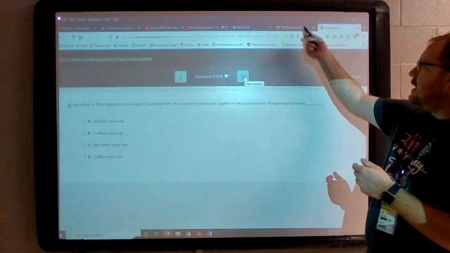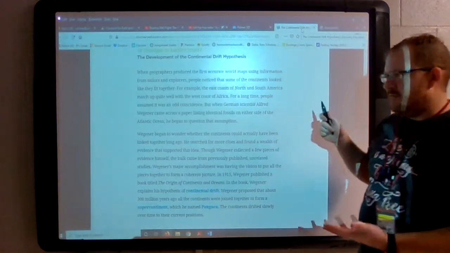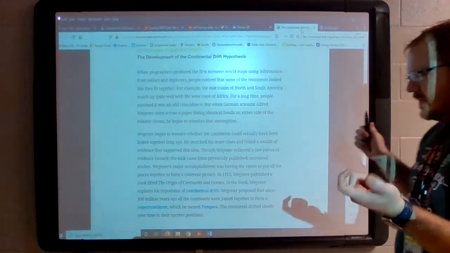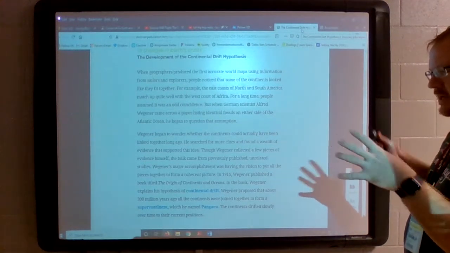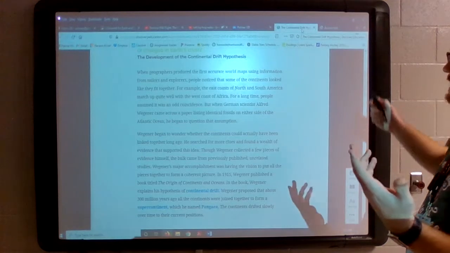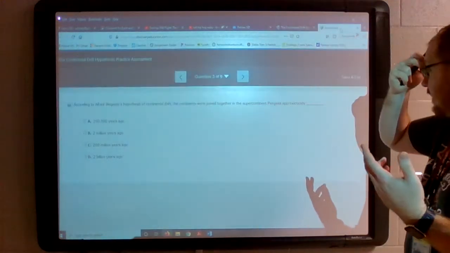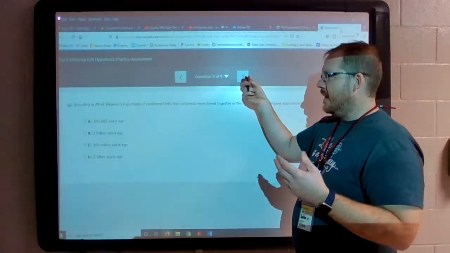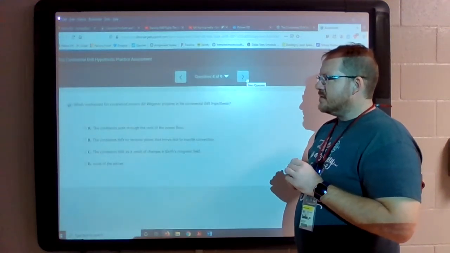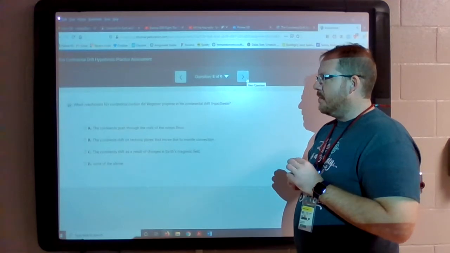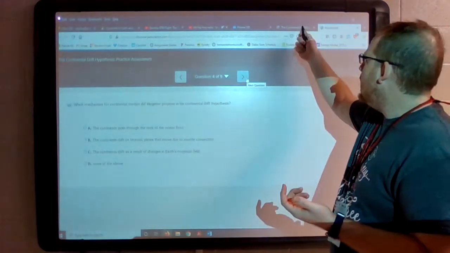So you should be able to find both of those answers right here in the first 2 paragraphs. So do a little bit of reading, get the name of the supercontinent where all of them were together, and get the time frame that they were together around, and that should help you answer number 2 and 3.